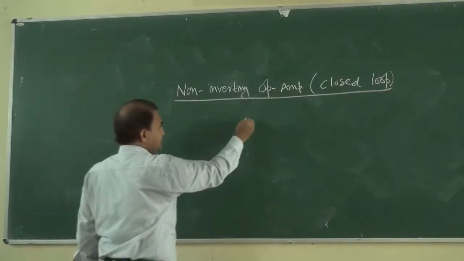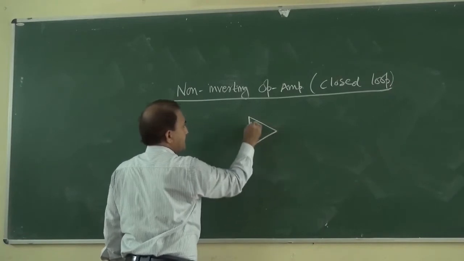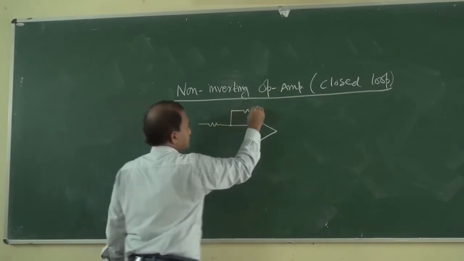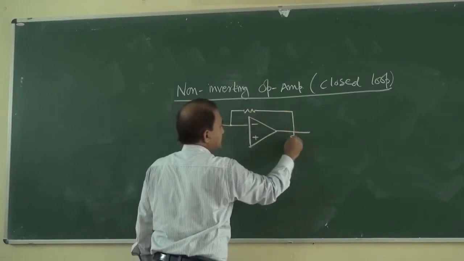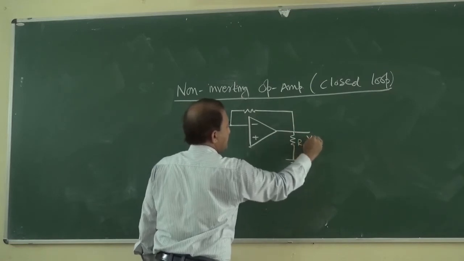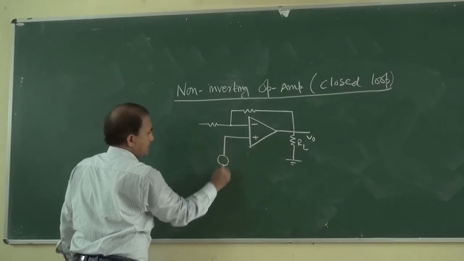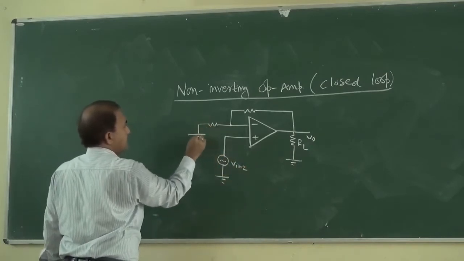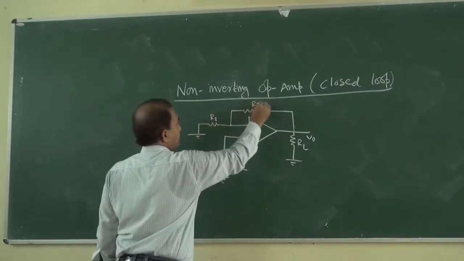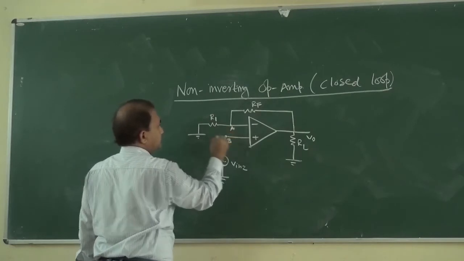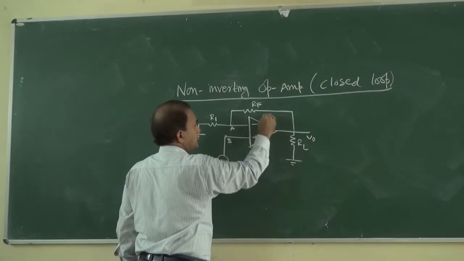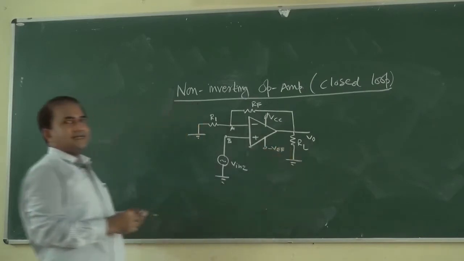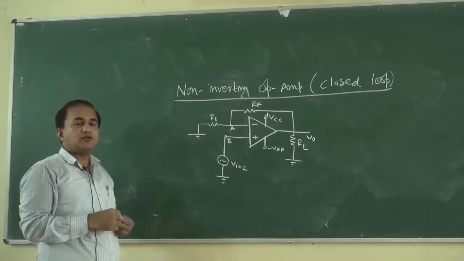So first of all we will see the circuit diagram. So this is the circuit diagram of the non-inverting operational amplifier in closed loop configuration.